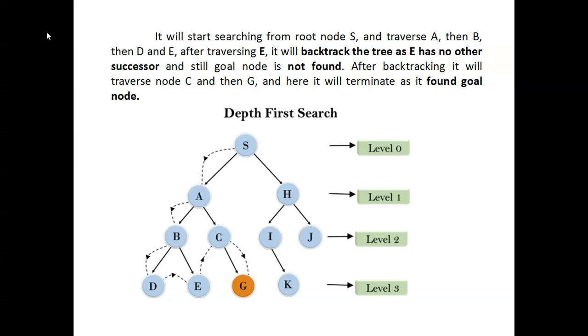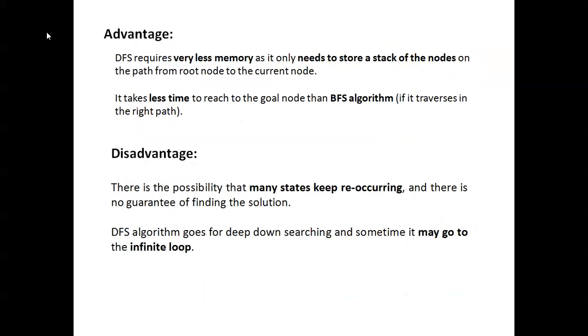Once it is completed, it has to backtrack, which means reoccurring nodes. That's a drawback. The advantage compared to breadth first search is that it uses very little memory and doesn't waste much time. But the drawback is that nodes might reoccur, and sometimes it might get locked in an infinite loop. That's a disadvantage.